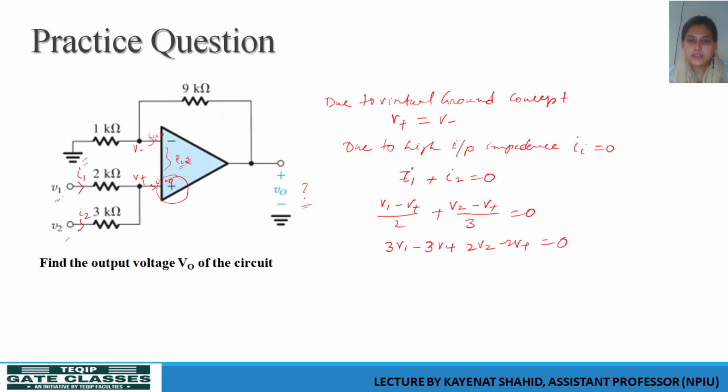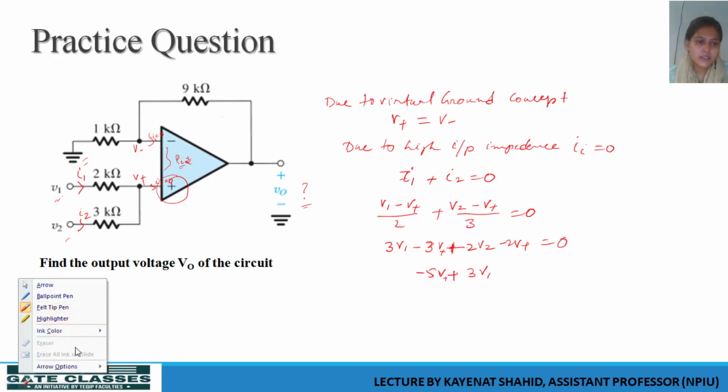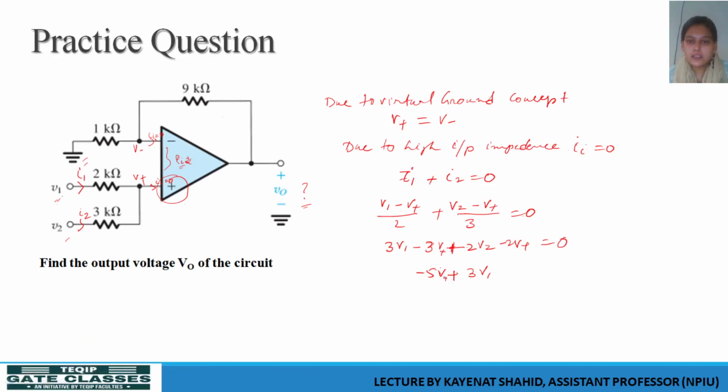So this can be written as minus 5V plus plus 3V1 plus 2V2 equal to 0.